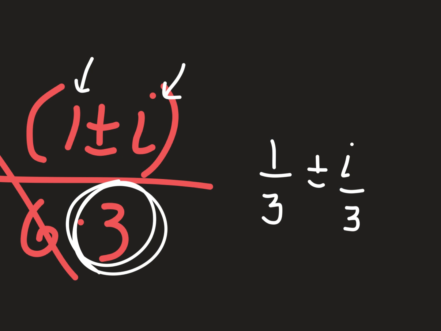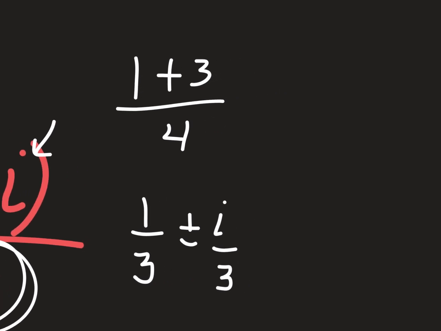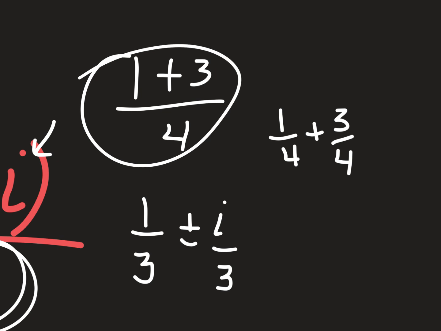See, I'll just give you an example of this. 1 plus 3 over 4. If you've never thought about this before, that's 1 over 4 plus 3 over 4. Either way, don't you get 4 over 4? This way is 4 over 4.